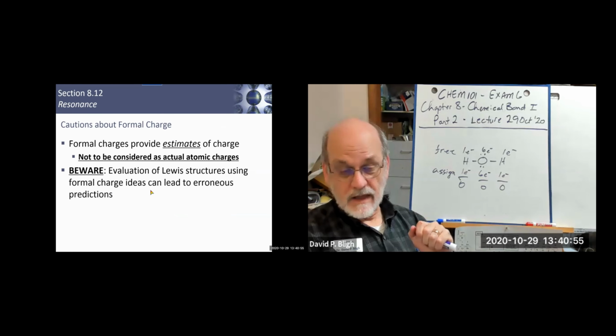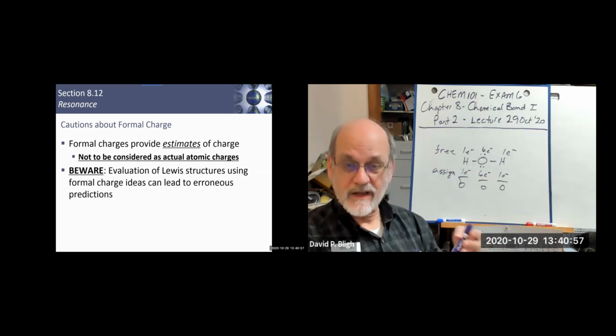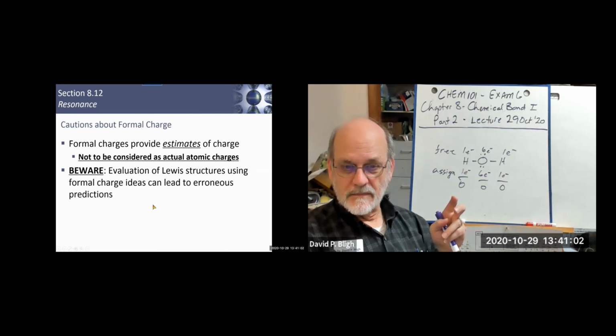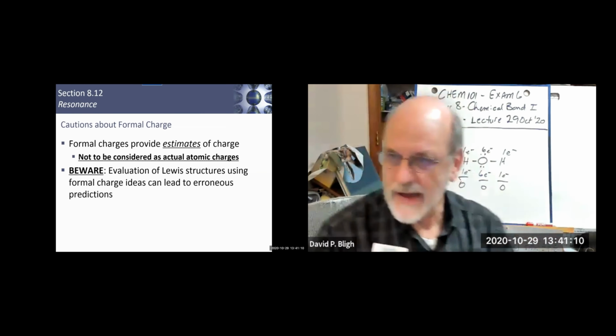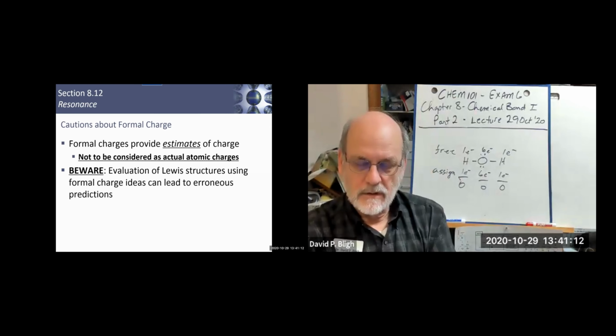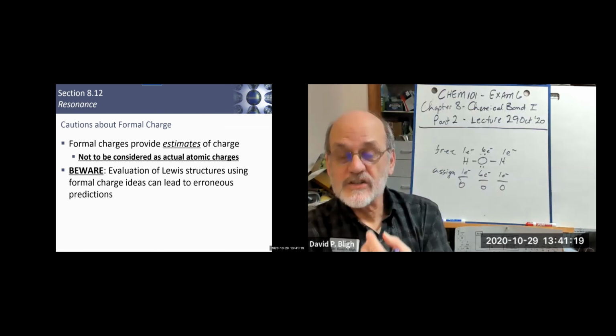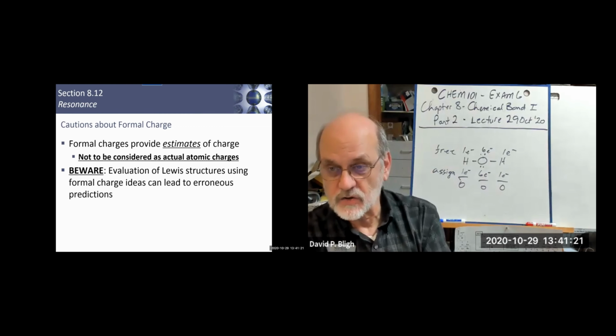And actually a bigger warning about Lewis structures is that these formal charge ideas can lead to erroneous predictions. In other words, no matter what we decide on paper, whatever that decision says for the behavior of the molecule has to match the real world.